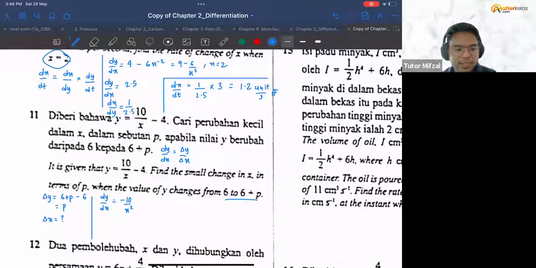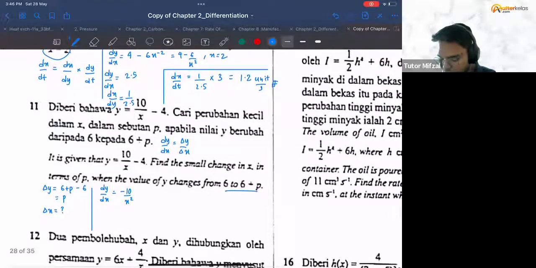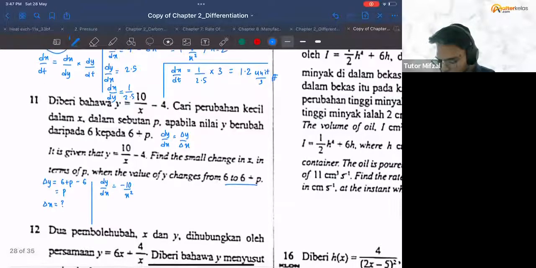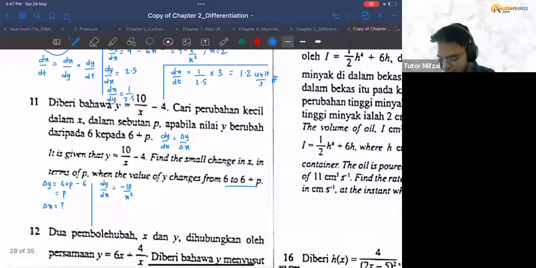Now what does it say? Find the small change in x in terms of p if the value of y changes from 6 to 6 plus p. So here, we need to substitute the value of x actually.